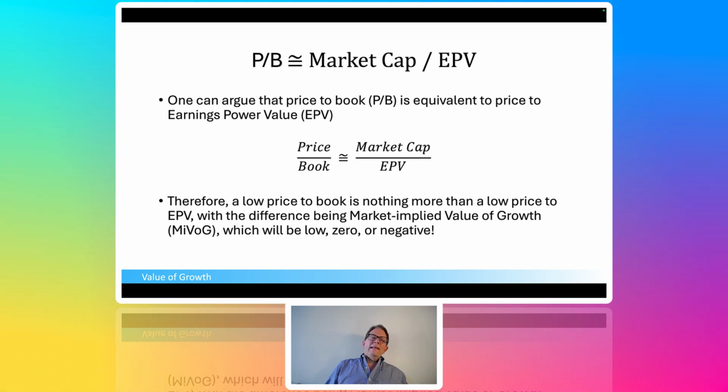So if you go back and you think about situations where you're going to have a low price to book or price below book, effectively investors are saying the cash flow from the business is not sustainable. There's no growth opportunity there, no growth in earnings power value. But in a lot of the historical price to book situations, there was the belief that the situation was temporary.